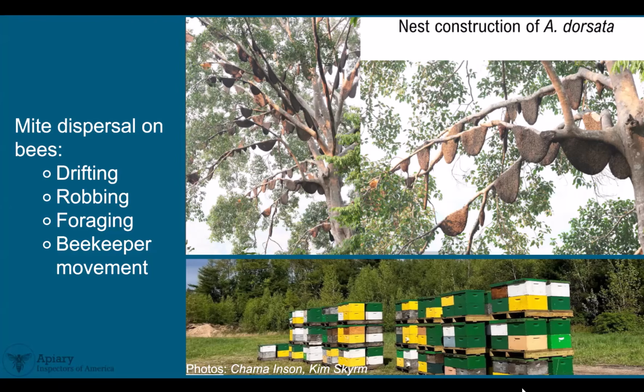So drifting happens, robbing happens. It can happen when they're foraging. And just like with beekeeper movement, Apis mellifera aren't migrating on their own; the beekeepers are moving them for pollination services, while Apis dorsata move because they migrate on their own with the seasons. So the mites will move with them. That's how these mites are getting dispersed: because of humans in the case of Apis mellifera, and because of the migration of the bees in Apis dorsata.